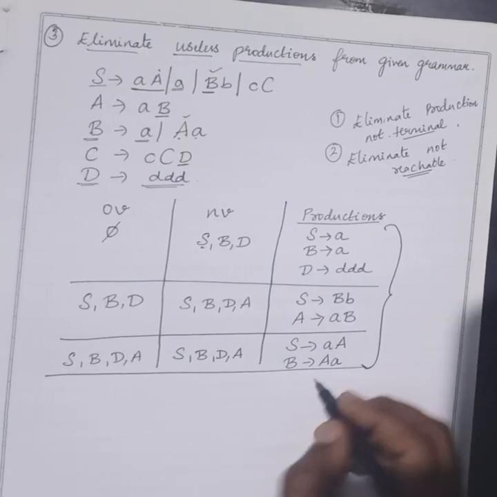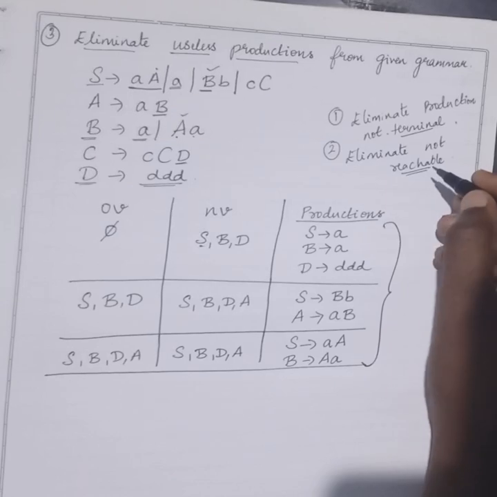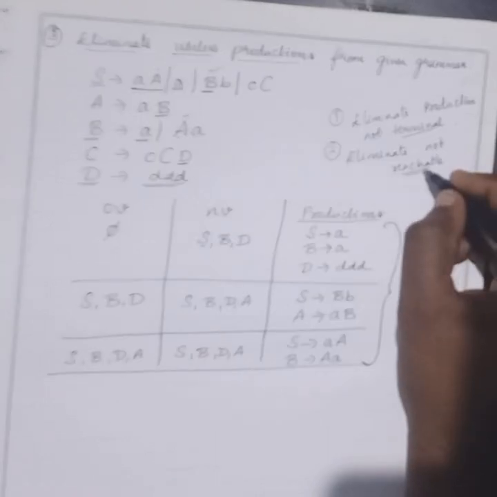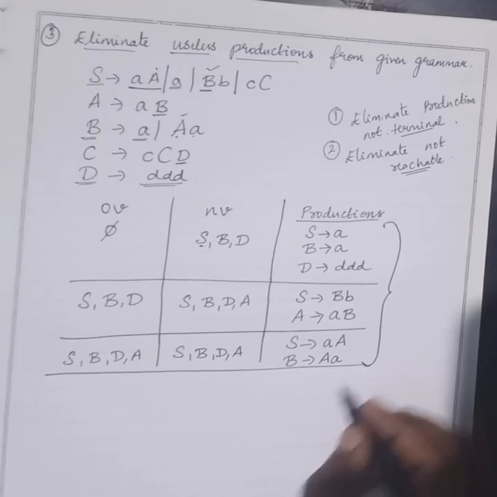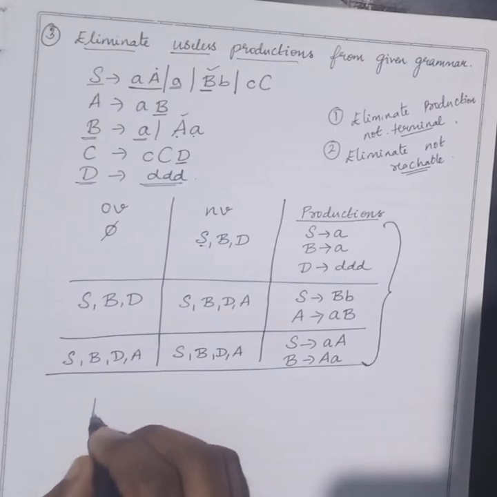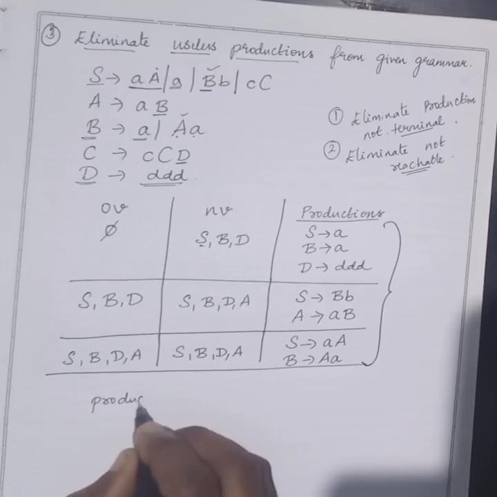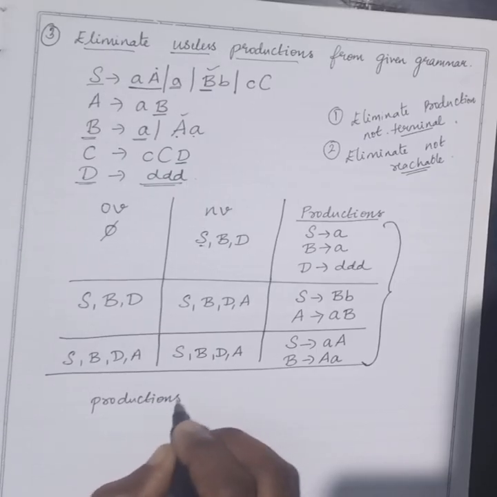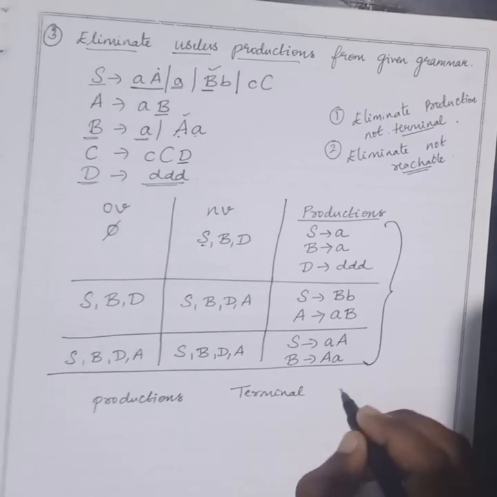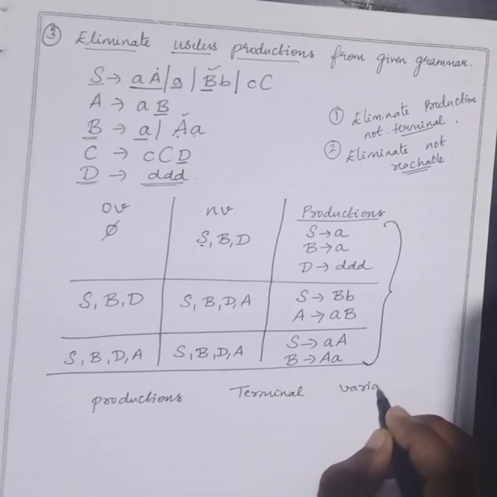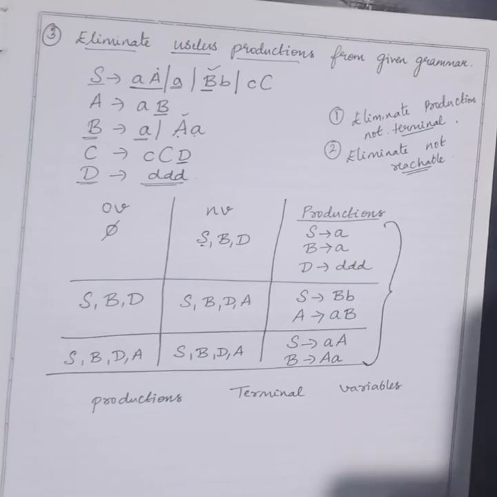For the next step, to eliminate the not reachables, we should consider only these productions. For that we'll write one more table, with columns productions, terminals, and variables. Variables are nothing but non-terminals.